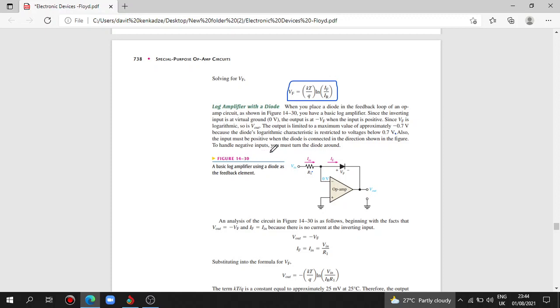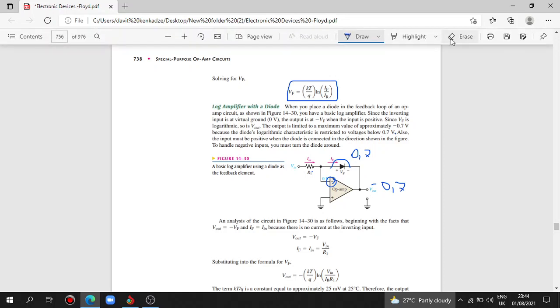To handle negative inputs, you must turn the diode around. So we have a voltage drop on this diode of 0.7 volts, and the output will be minus 0.7 volts, because again we are using the inverting op-amp case.